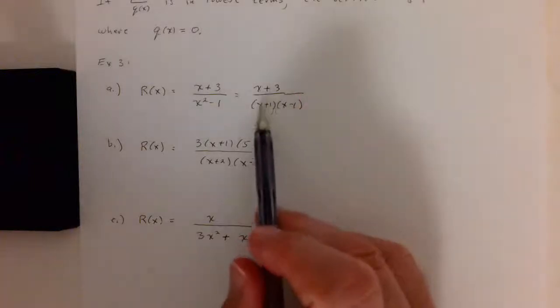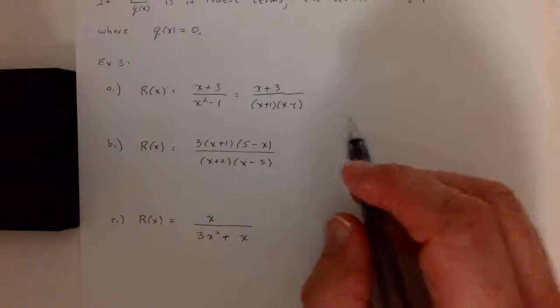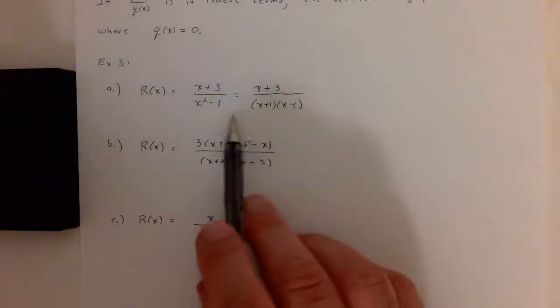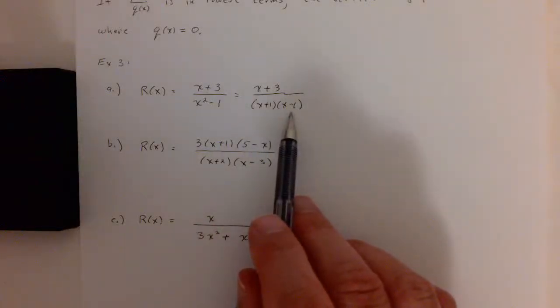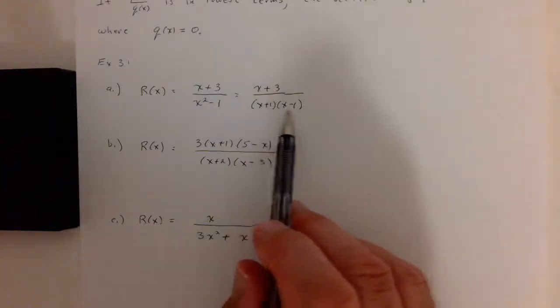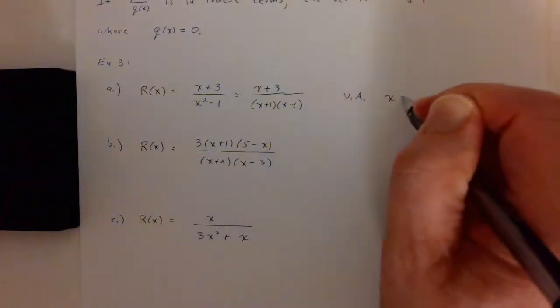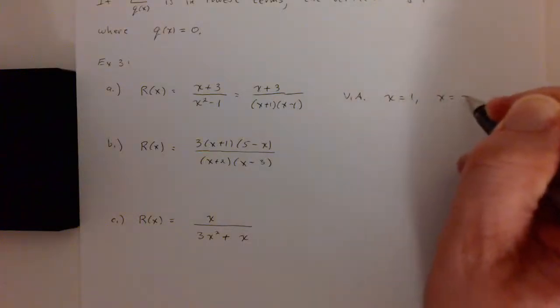Obviously none of the factors cancel, and so we just set this denominator equals 0, and we can see that it will be 0 at negative 1 and 1. So the vertical asymptotes will be at x equals 1 and x equals negative 1.